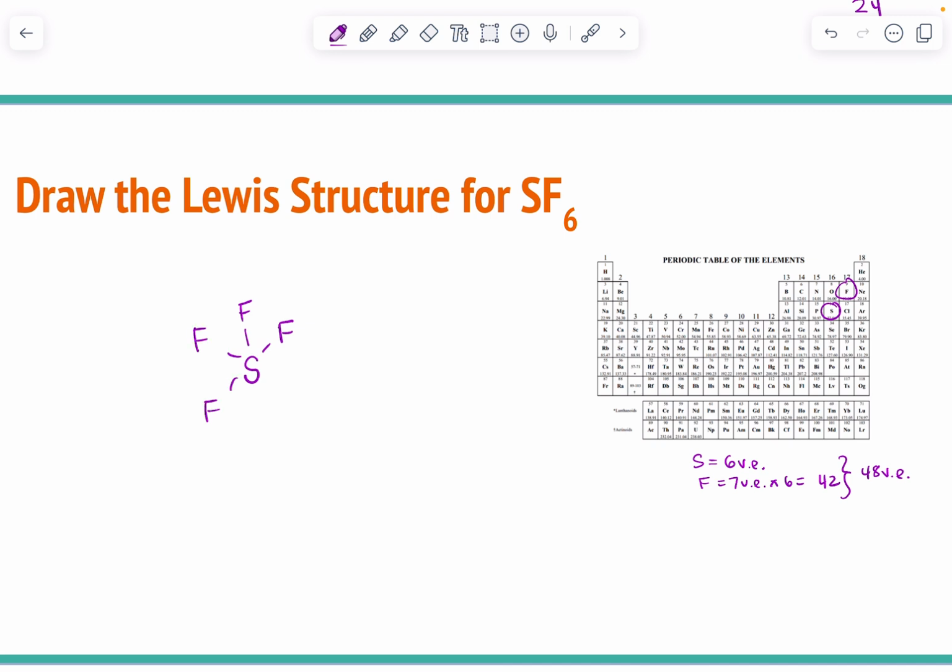So again, remember that sulfur is one of those atoms. It is in the 3rd row, 3rd period, okay? So it can have an expanded octet, okay? So 2, 4, 6, 8, 10, 12. So I've used 12 electrons for bonding. And so that means I have 36 electrons remaining that I can place as lone pairs.